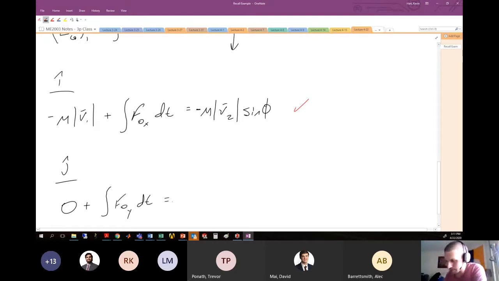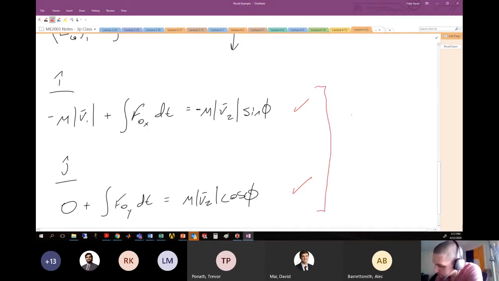This is going to be equal to, very similar to this expression here, we've got to resolve our linear momentum into the Y direction, and it's generally positive. So here, m V2 now times cosine of phi, resolving it into that general direction. All right. Bam. Cruising. I've written an expression for my conservation of linear momentum. So here I'm done.